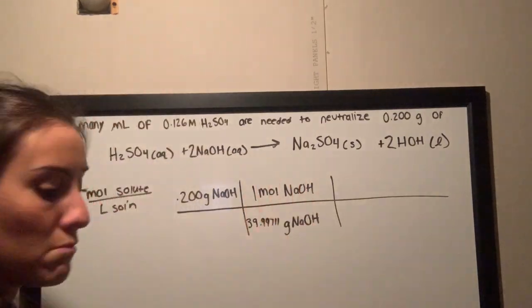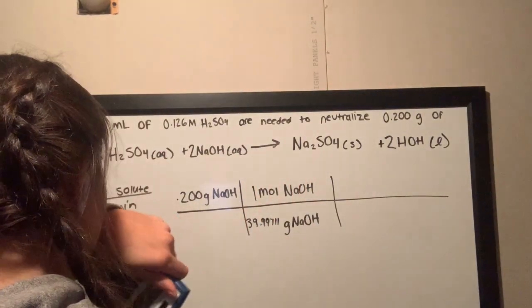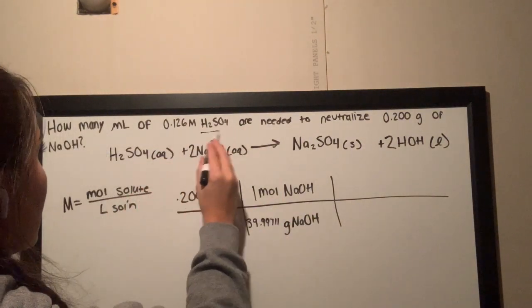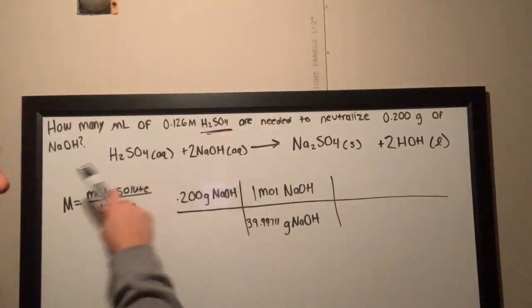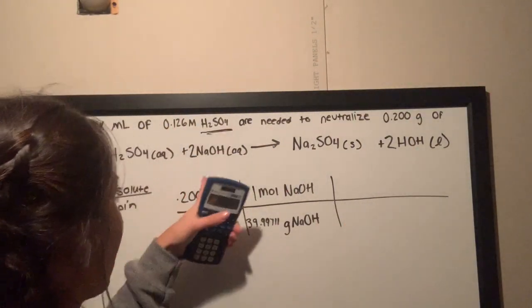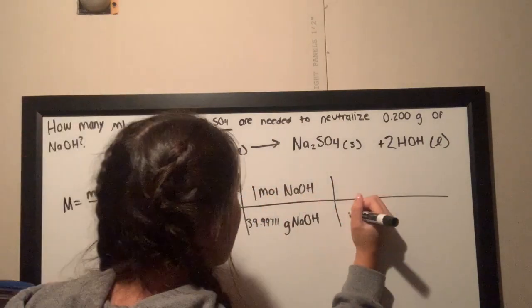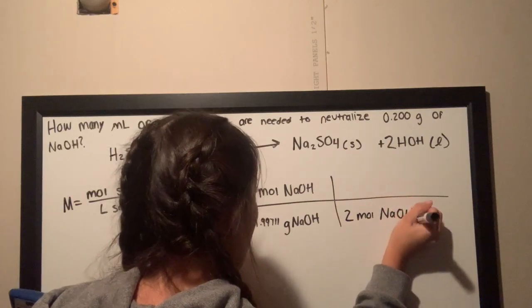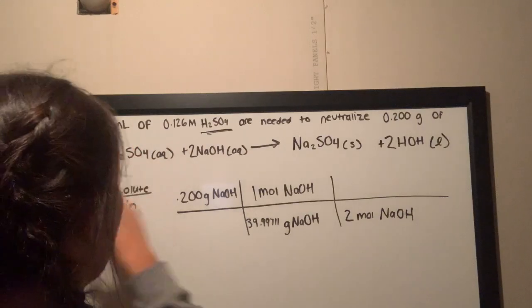Okay, and now we have moles of NaOH, but we need to get moles of H2SO4. And we have this beautiful balanced equation. So we're going to look at the equation. Okay, remember keeping the same units, for every 2 moles of NaOH, what we want goes up here, which is H2SO4, and we see that there's only 1 mole in our equation.